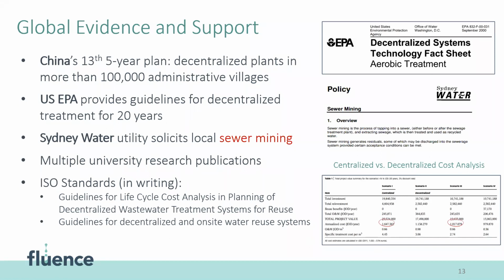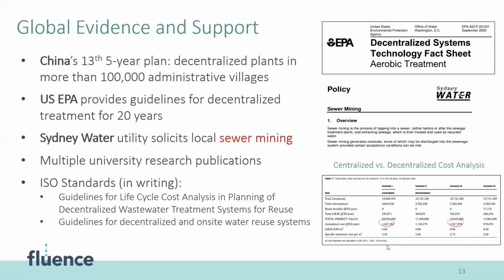There is also quite a lot of university research and publications on this topic. I have brought one of them at the bottom right side of the slide to show how they are demonstrating, for one specific case, that the cost for a distributed scenario might be almost half of the conventional centralized scenario.